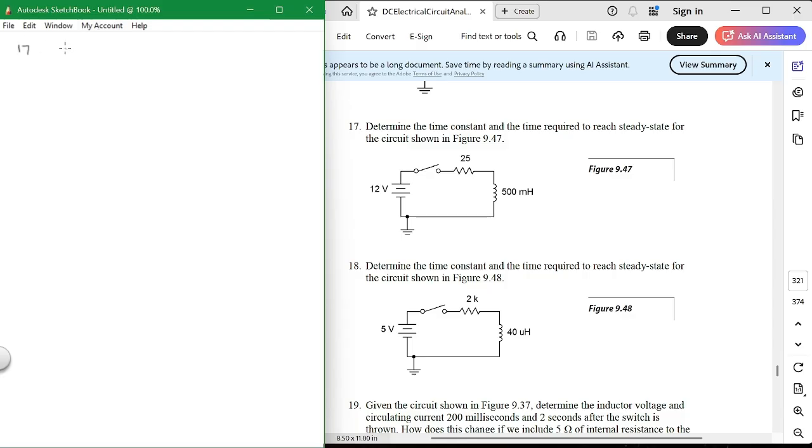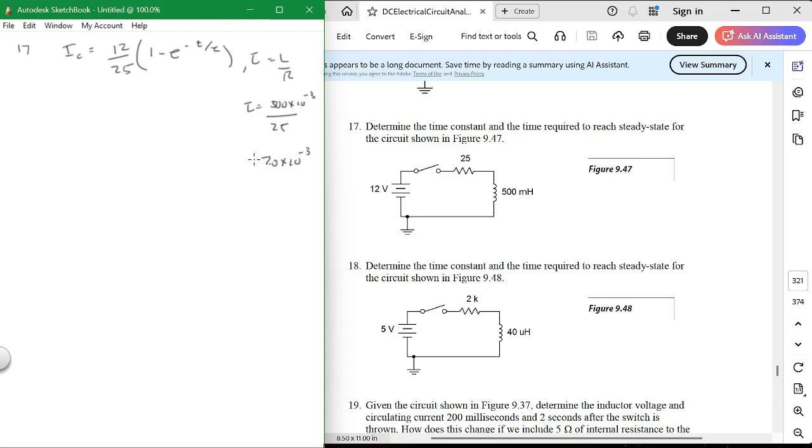So for 17, I through the inductor is equal to 12 over 25, which is this over this, times 1 minus e to the minus t over tau, where tau is equal to L over R. Tau is equal to 500 times 10 to the minus third over 25, which is equal to what? 20, right?